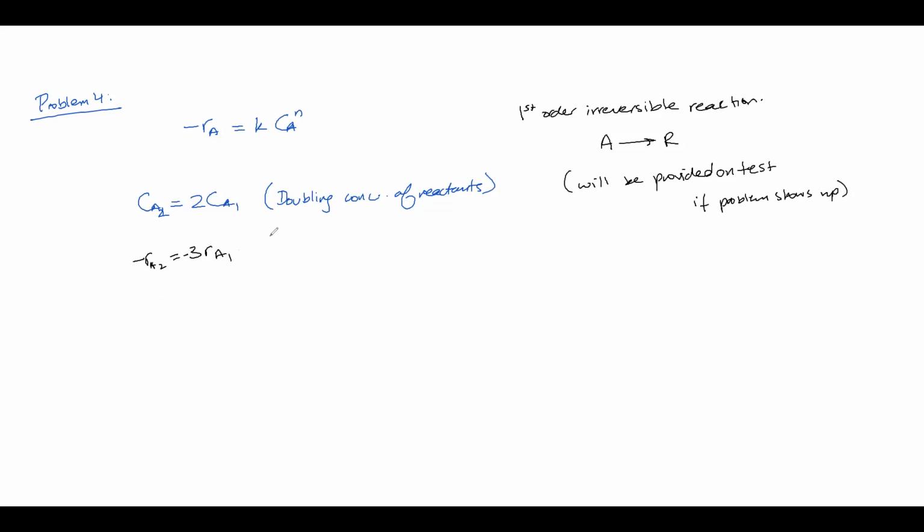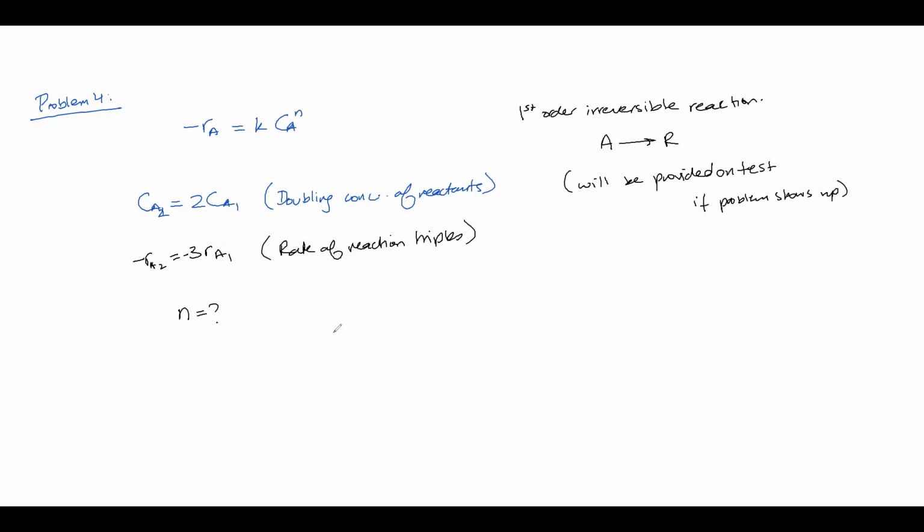But this is how it is. So you're being told that the rate of reaction triples. Good. So what do I need to find? I need to find the order of reaction, so I need to find n.